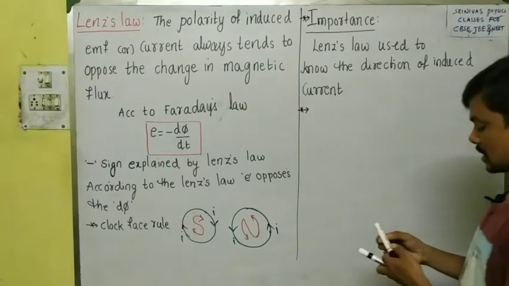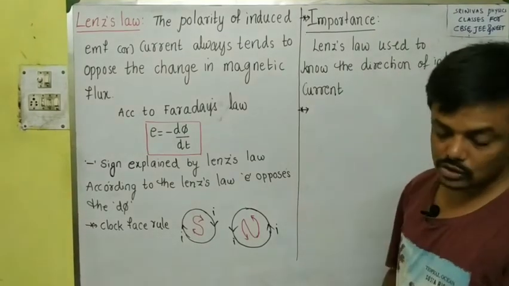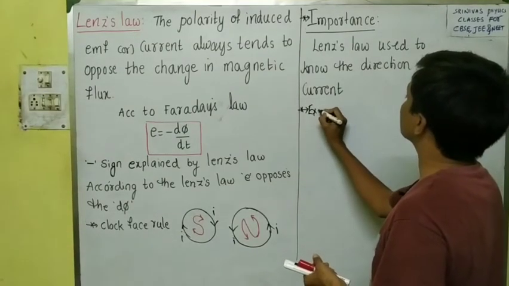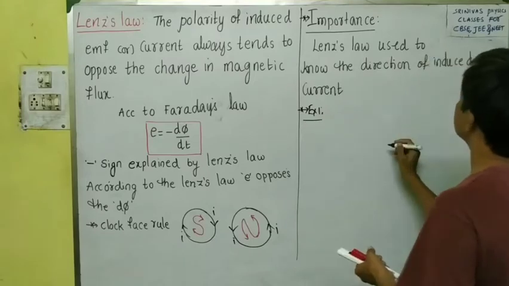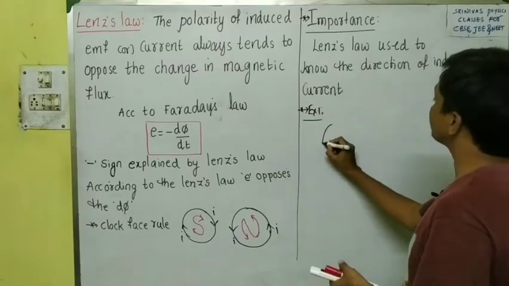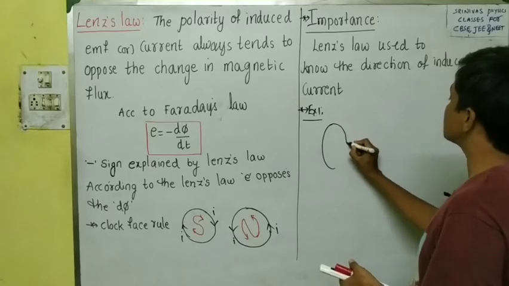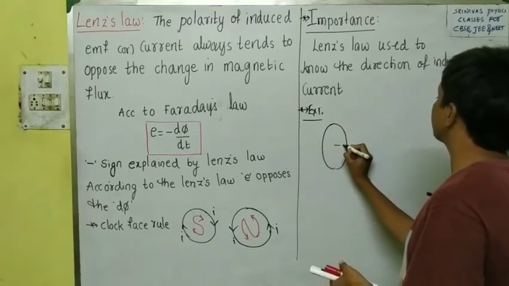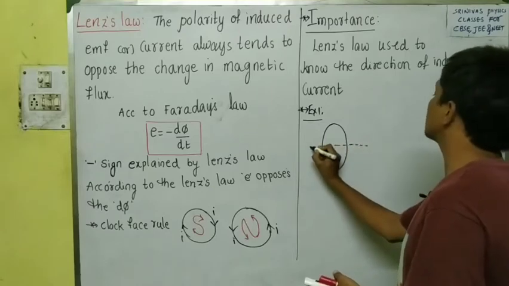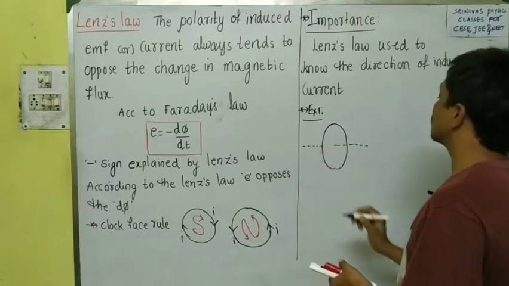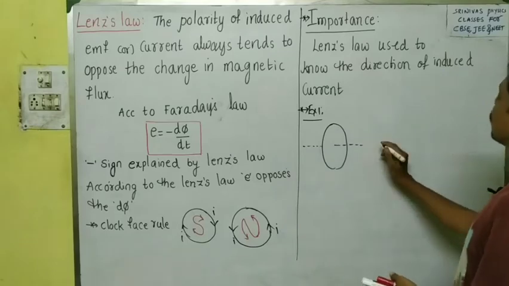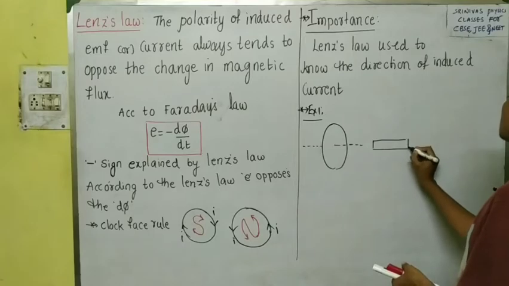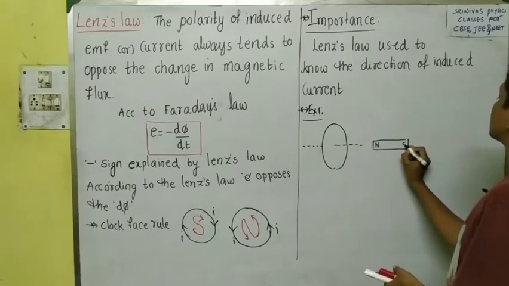Let us see some examples of how it shows the direction of current. This is the first example I am going to give. This is a loop, and here we are taking one magnet, the north pole of the magnet.